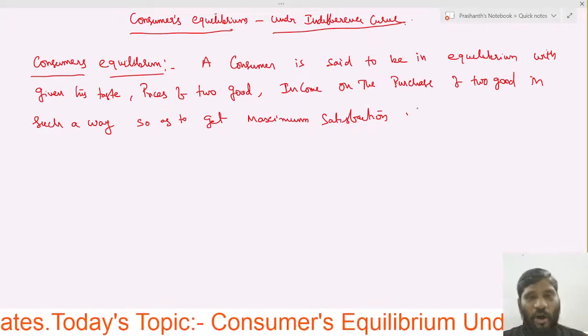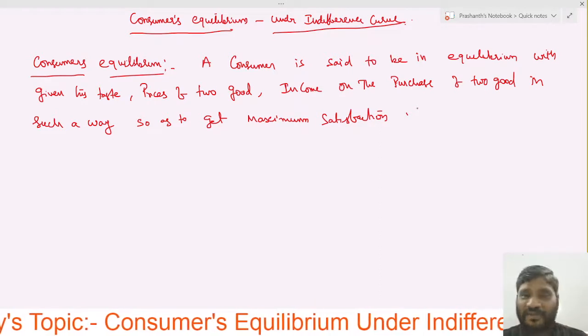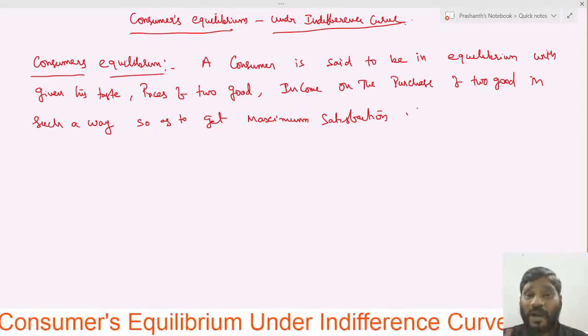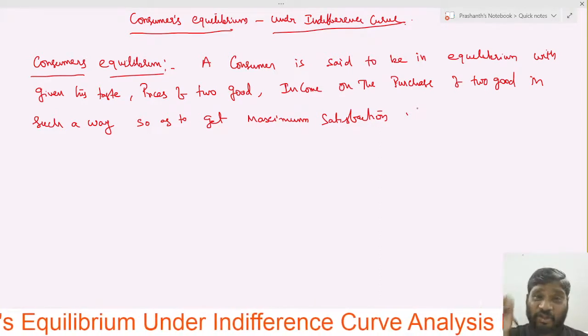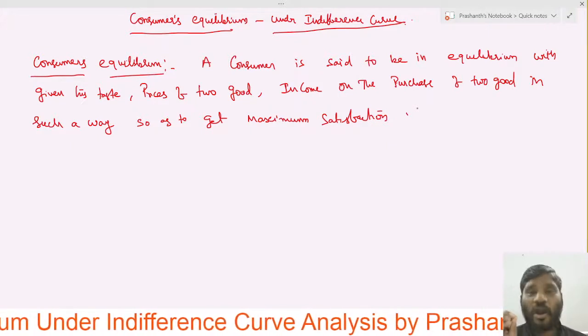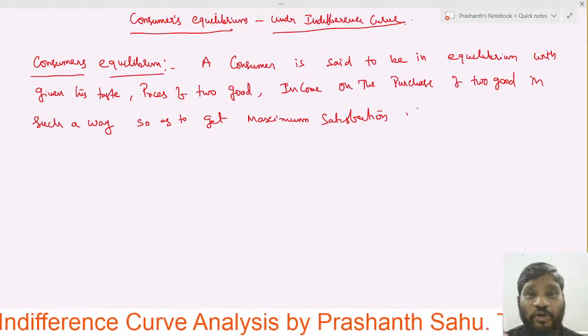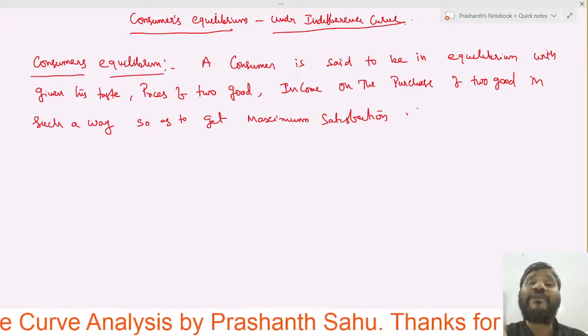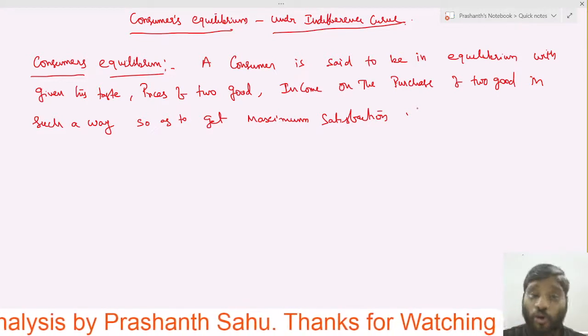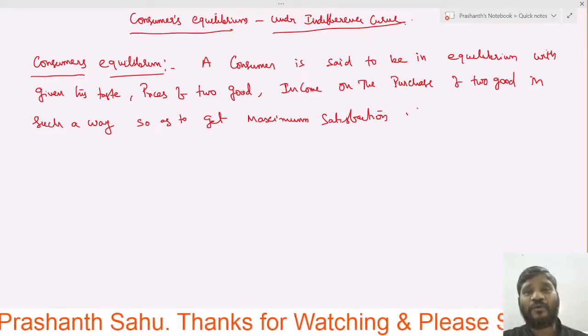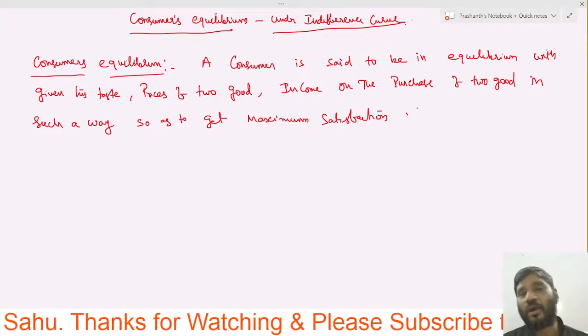Even if all combinations give the same satisfaction, which combination has to be chosen that gives the equal satisfaction by the two goods, we will calculate under this law.